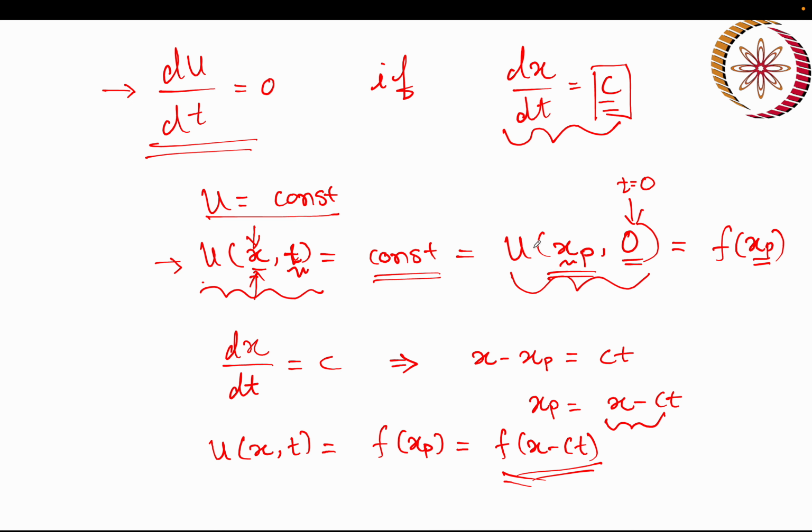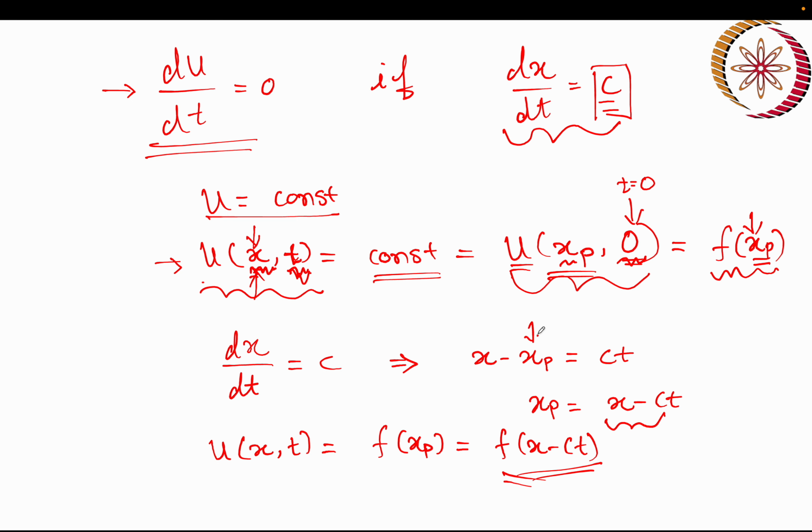So that constant we have equated to u of xp at 0. And now this xp, whatever the initial condition, we have already specified that the initial shape of the function is f of xp, so that we have written here. And this xp, you can say the current location is x at time t. So what would be the location at time t equal to 0? That we are finding out.